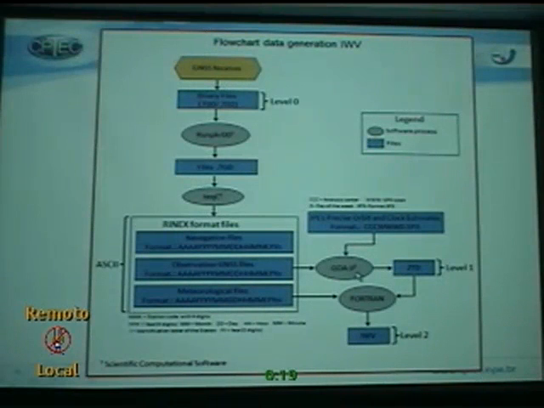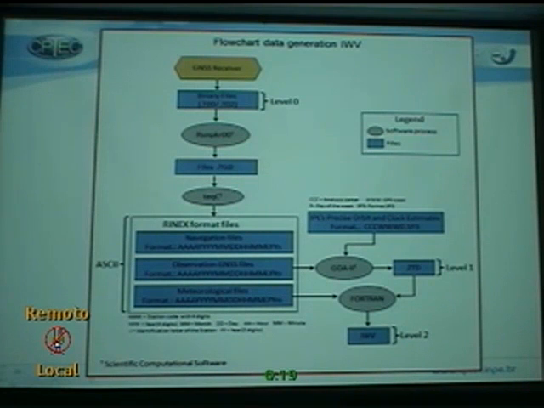The first processing uses GIPSY-OASIS 2, the software from JPL and NASA, that uses some files converted using other scientific software that do some quality control on the data and convert to the international format.